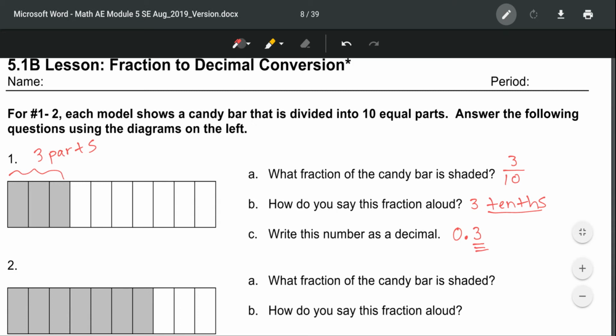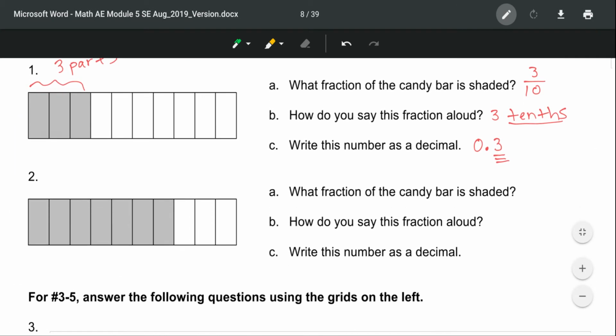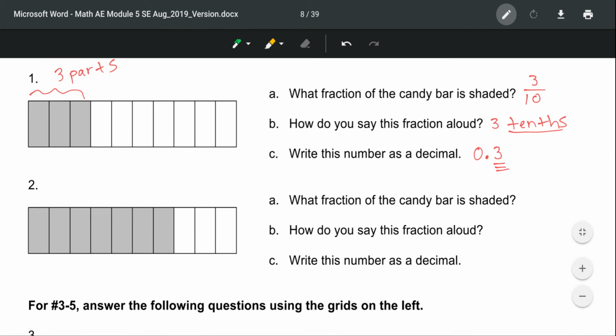Okay. In number 2, it's asking you what fraction of the candy bar is shaded. So count how many parts are shaded in. So you have 1, 2, 3, 4, 5, 6, 7 parts that are shaded in out of a total of 10 parts. So that means we have 7 out of 10 parts that are shaded in.